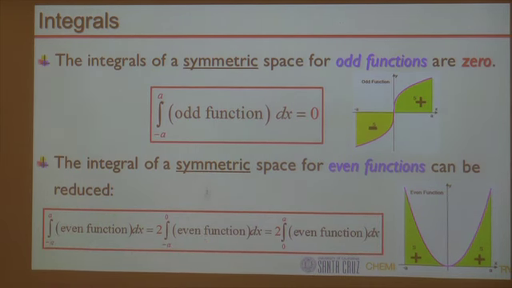So next time when you see this integral, don't say that you don't know the standard integral.